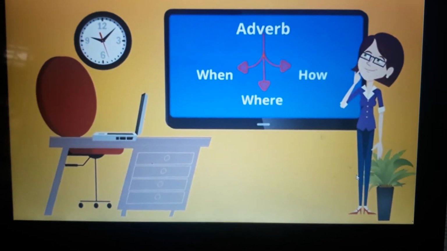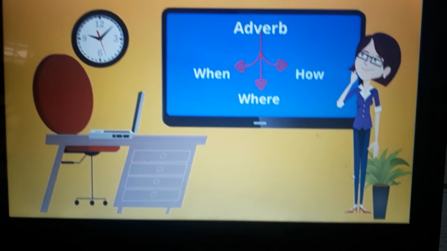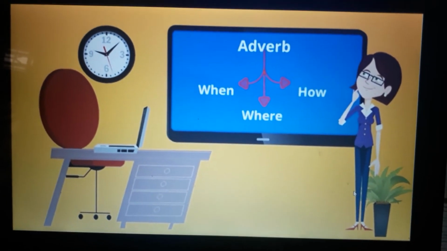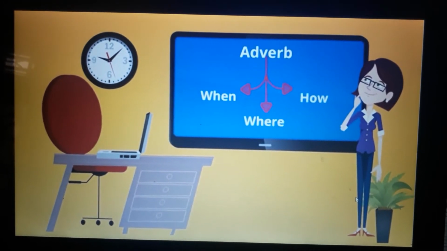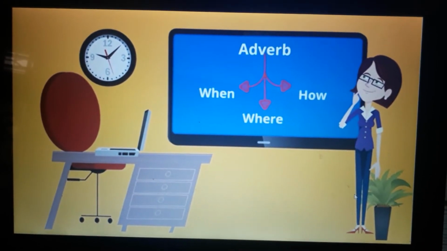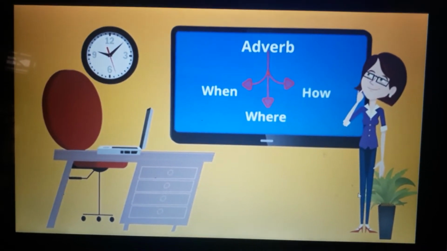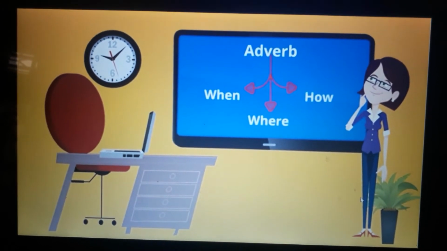Adverb of how means how something happened. We can consider adverb of time as one, for where we can use adverb of place, and for how we can use adverb of manner. You have studied this in the previous lecture. You can also check the lecture on the site.